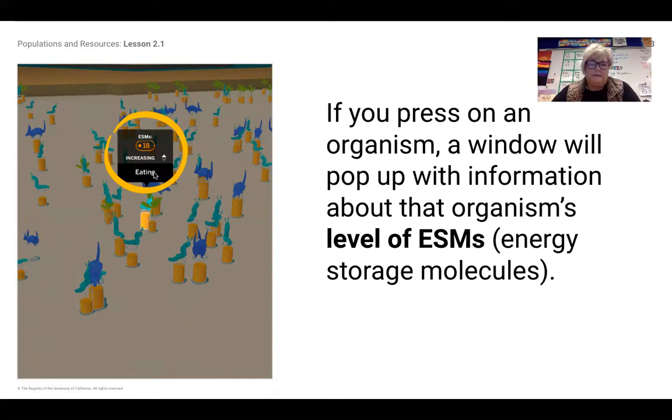You also will be able to see what activity that organism is engaged in. Maybe it's eating, maybe it's mating, reproducing. It could be dying. If it's just walking from point A to point B, you're just going to see dot, dot, dot. If anybody is having trouble with this, raise your hand. Mrs. Thomas will pause the video, and then maybe a neighbor can help you.